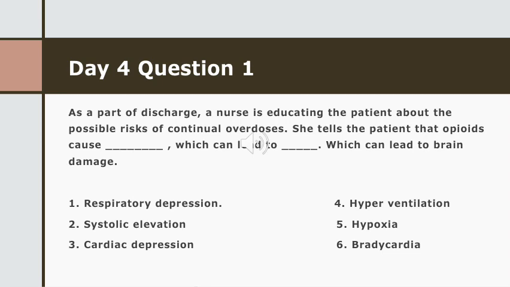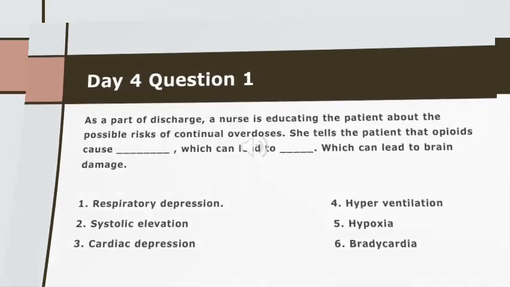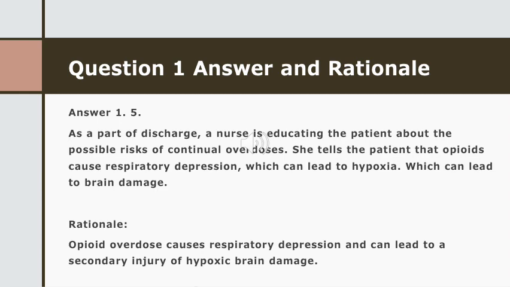Hypoxia, or 3. Bradycardia, which can lead to brain damage. Opioid overdose causes respiratory depression and can also cause a secondary injury of hypoxic brain damage.